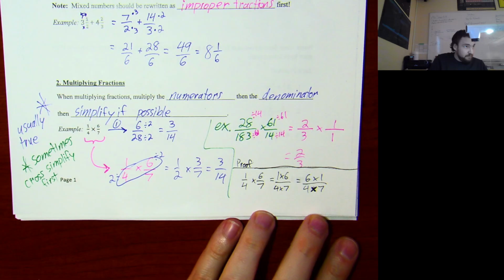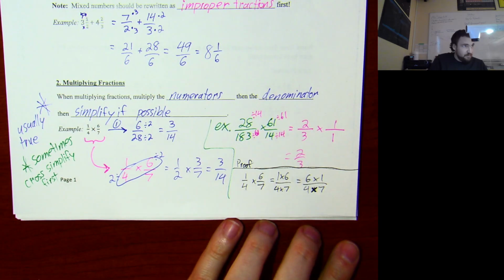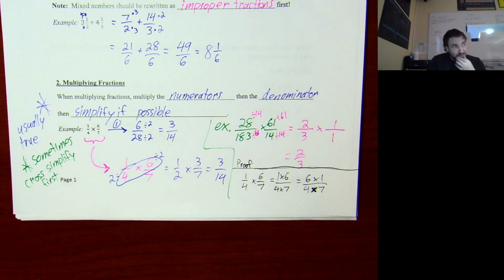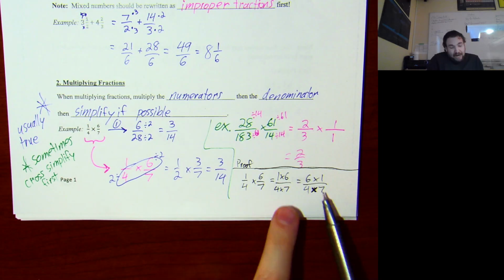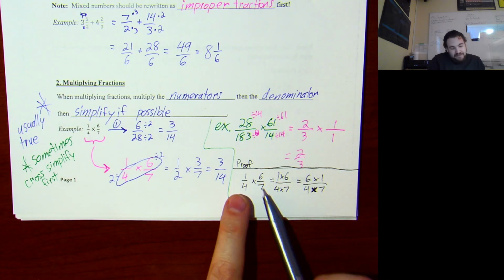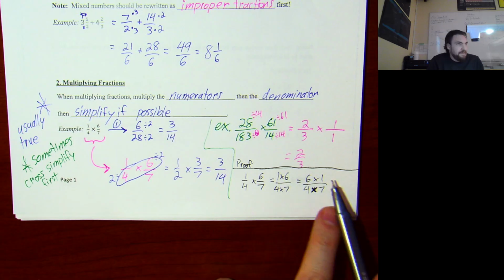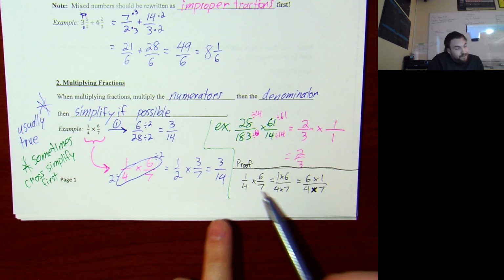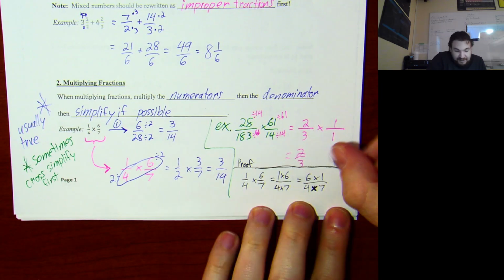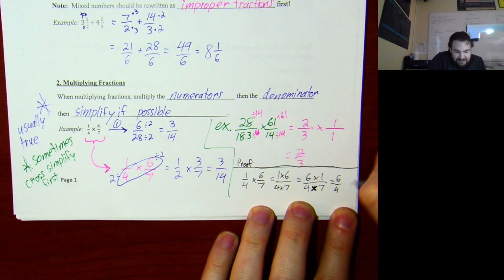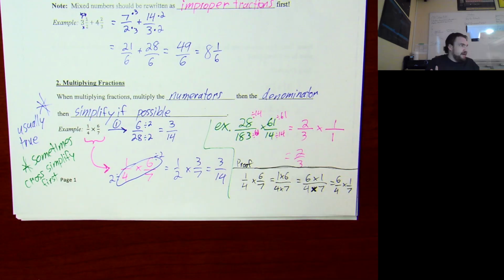Okay? Did someone just say no? Okay. That's okay. So I can undo this if I wanted to. I could separate these things back up into 6/4 times 1/7. I haven't done anything bad here.